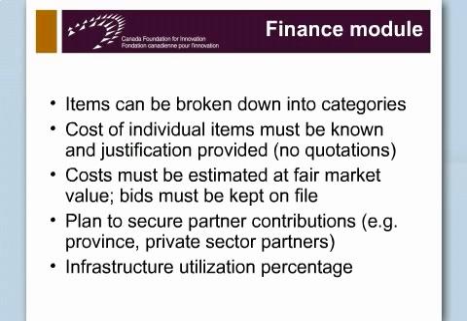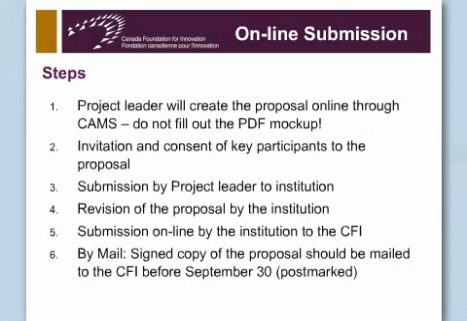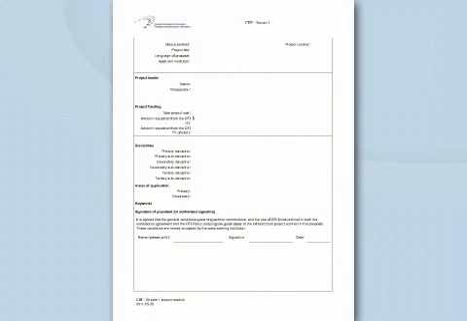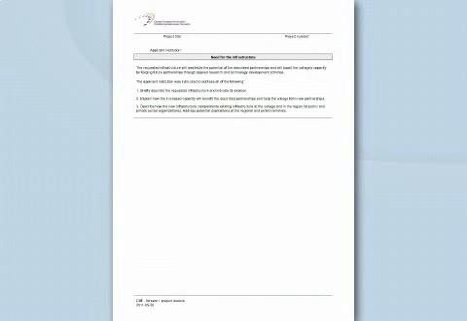And you will also be asked to explain your partner contributions. I think it's best now if we go back to the proposal itself, and you can ask your questions directly on what we see.